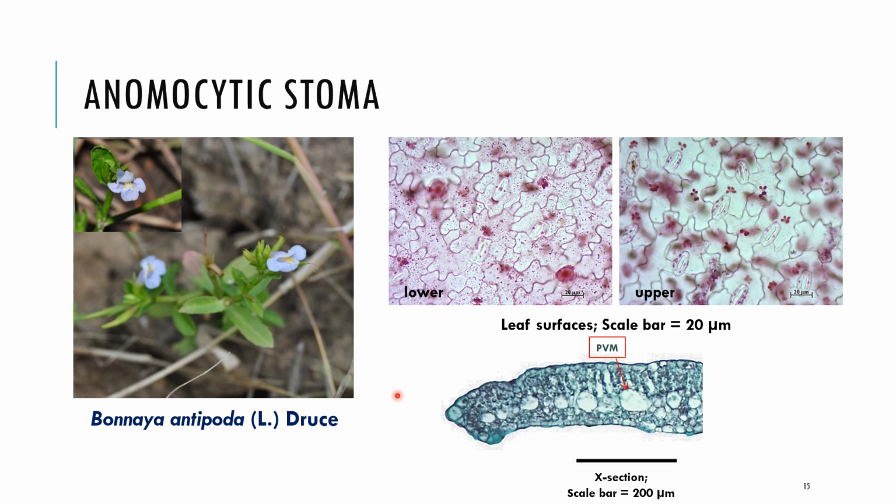For the leaf anatomy, you can see here this is the transverse section. You can see the leaf has a single layer of epidermal cells here, and for leaf surfaces, both sides of this species are anomocytic.